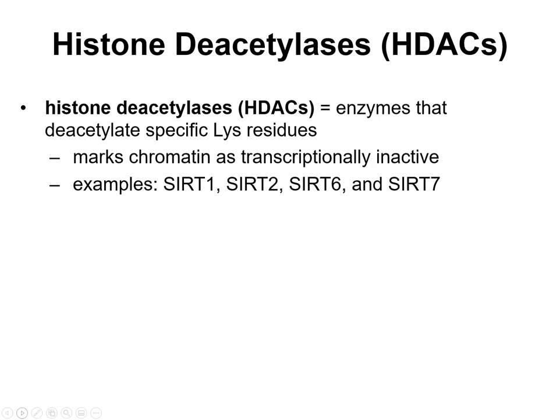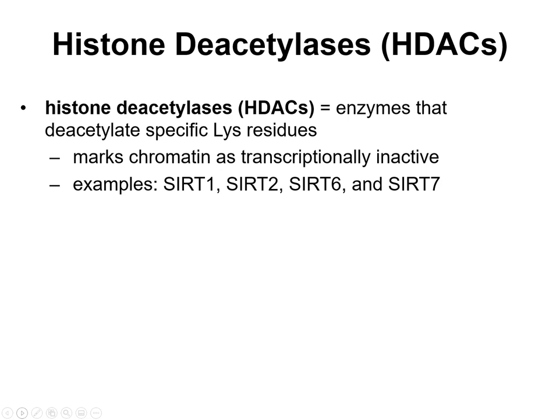Now, because we can add on an acetyl group, we have to have a way to take it off. And these are histone deacetylases. These are enzymes that take off that acetyl group. Now, there's been a lot of, I'm not going to say argument, but conversation about what these enzymes should be called, because they're called histone deacetylases, but they actually work on acetylated lysines, and they can work on things outside of the histones.